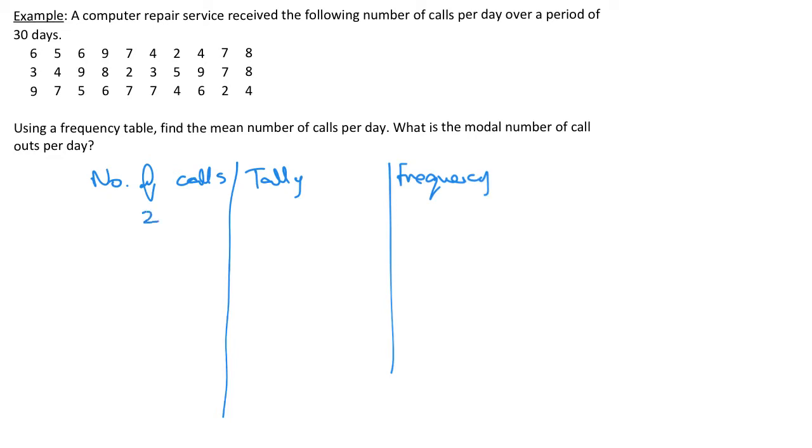So we're going to start off with 2, 3, 4, 5, 6, 7, 8, and 9.